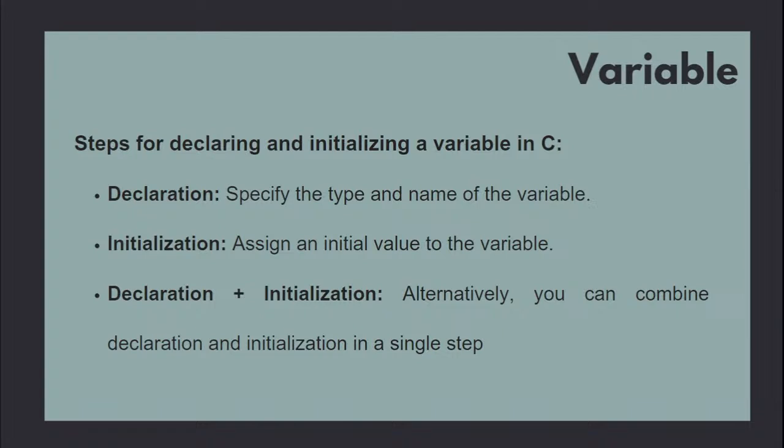First you have to declare it, specify the type and name of the variable, what data type it is, what's the name of it. Then you could go for initialization, where you can assign a value for that. For example, if I want to store a value, I could store that. Or you could do it in a single line.